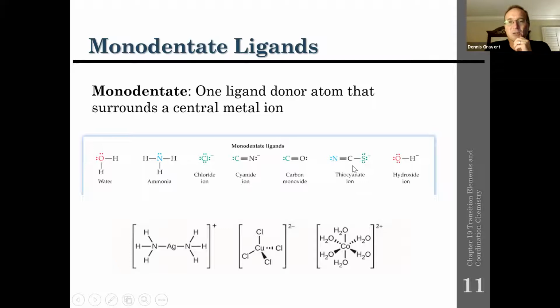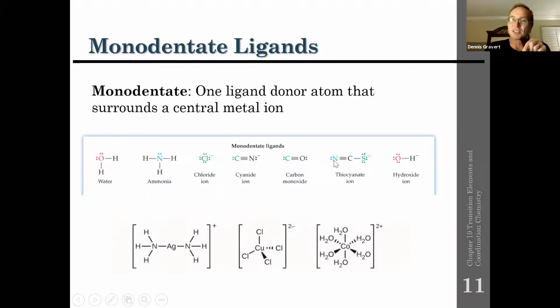Another idea about the ligand donor atom. Let me say that right. Ligand donor atom. The atom that's making the covalent bond. So in the thiocyanate, you can see sulfur has a negative charge, 3 lone pairs. It's going to donate one of those lone pairs and attach through sulfur most of the time. So the sulfur atom will be the ligand donor atom that attaches to the metal ion.